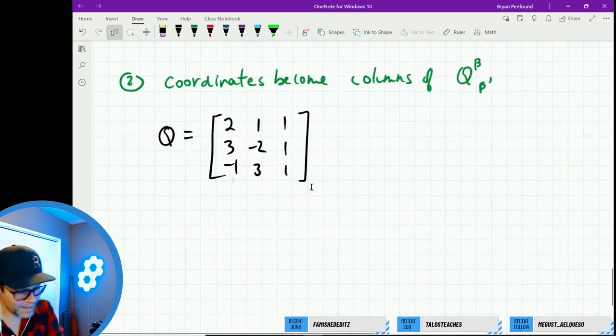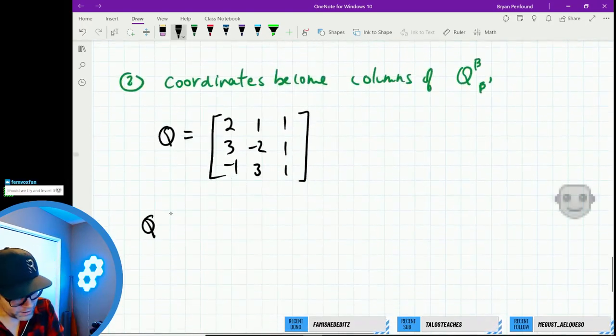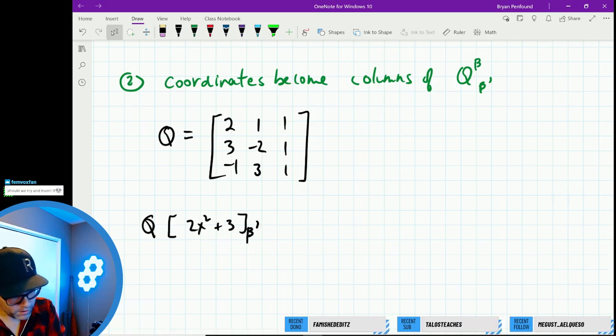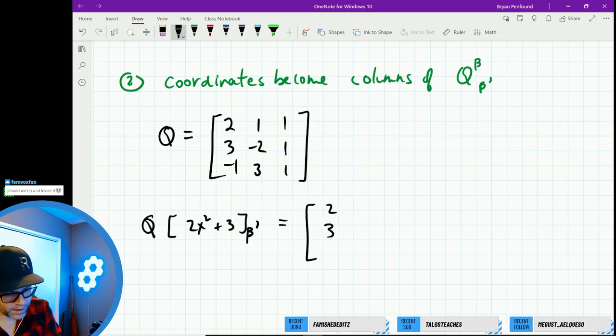The idea now is if I take Q and multiply by one of these polynomials with respect to, let's say, 2x squared plus 3, because I remember that one. If I take one of those basis vectors with respect to the beta prime basis, we get this kind of multiplication.